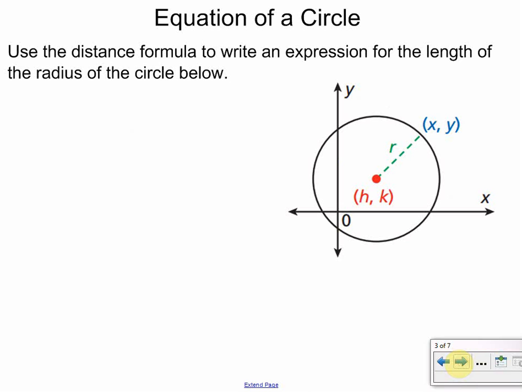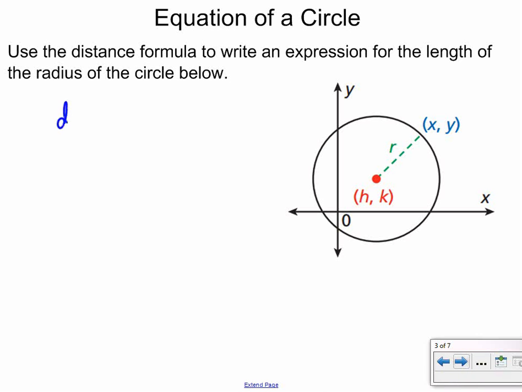So the equation of a circle actually comes from the distance formula. We just talked about the fact that all of the distances on the circle are the same. So that means that all of my radii are the same. So I can use the distance formula to write an equation that would express the length of the radius.